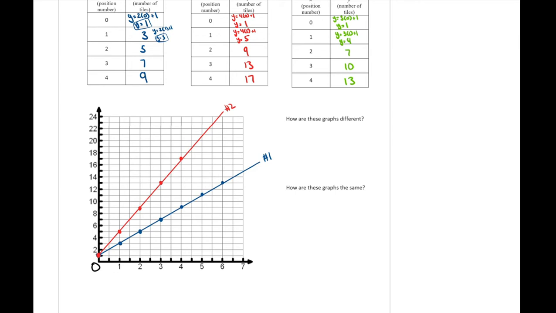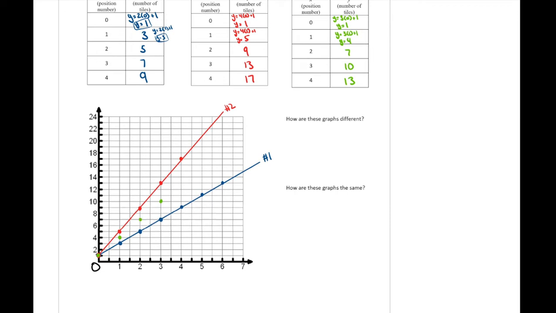Our last rule, again, we start off at position 0, we start off at 1. Position 1, we're at 4. At 2, we're at 7. 3, we're at 10. Oops, misplaced a point.